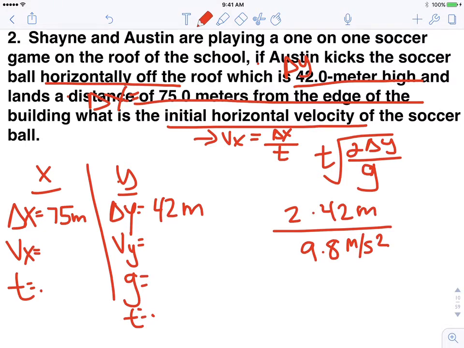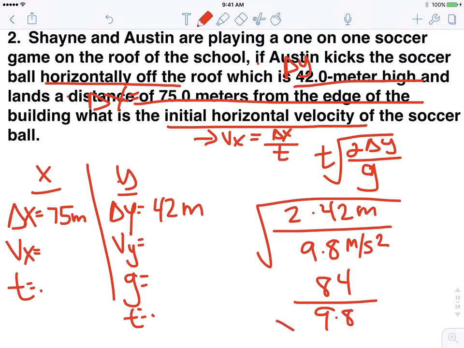All right, so I have, for my top number, and then don't forget this is all square root. The top number is 84, and we're dividing it by 9.8. I sort of dropped off the units. Sorry. Remember, they don't really drop off. I'm saving time. So 84 divided by 9.8 is 8.57142857. I'm just going with 8.57.